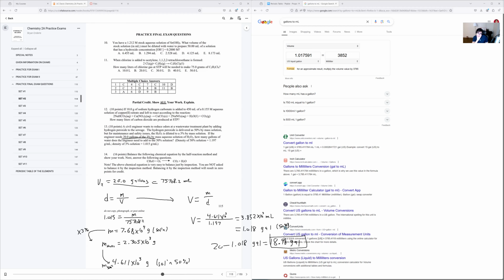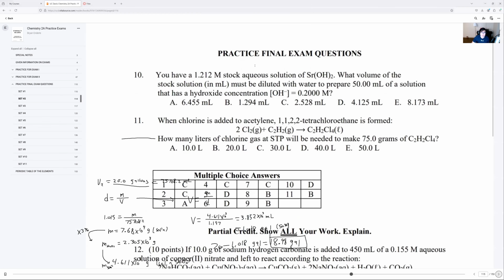It's because the densities are different, but they're linked by the mass, right? So the mass of the H2O2 is the same in both. Any other questions on this? And I'm actually gonna full screen this just because, yeah, not a very fun problem. That's correct.